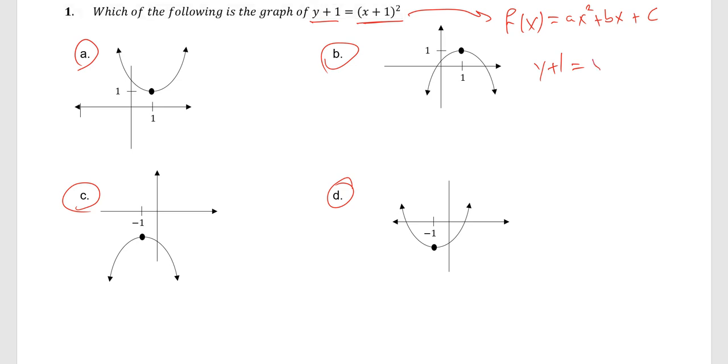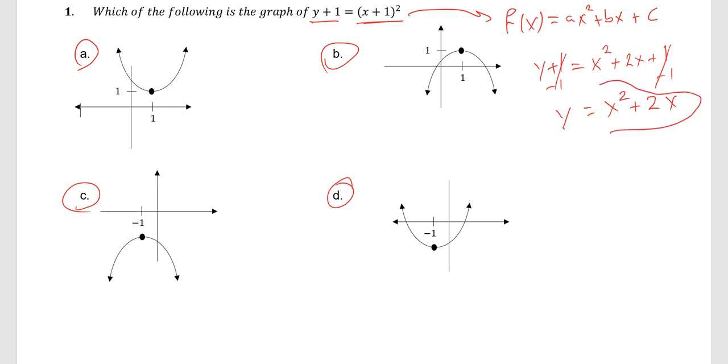We have first term squared, x squared, plus first term times second term times 2, which is 2 times x times 1, which is 2x, plus the last term squared, 1 squared is 1. And then for y plus 1, we can subtract 1 from both sides, which will give us y equals x squared plus 2x, and these two will cancel out.